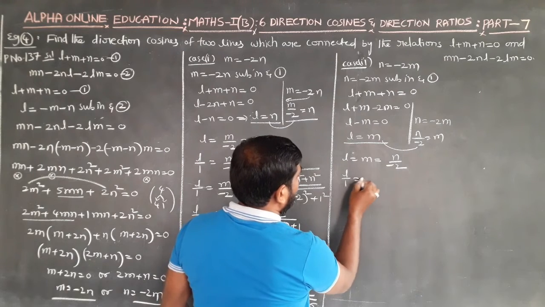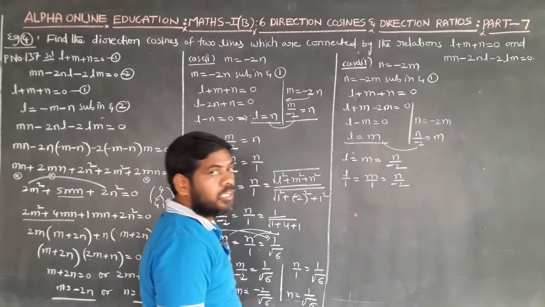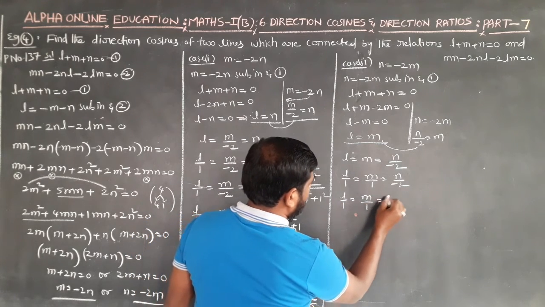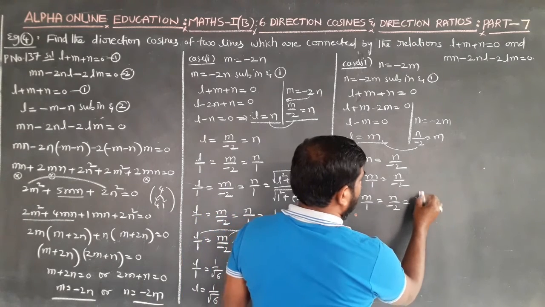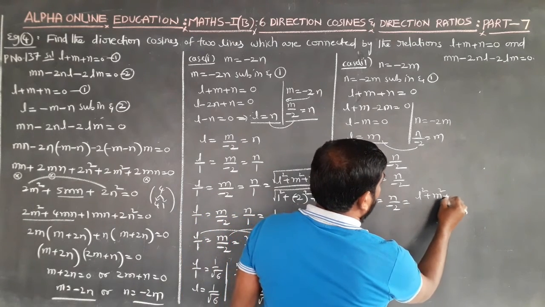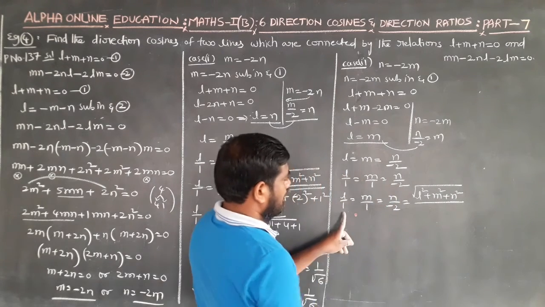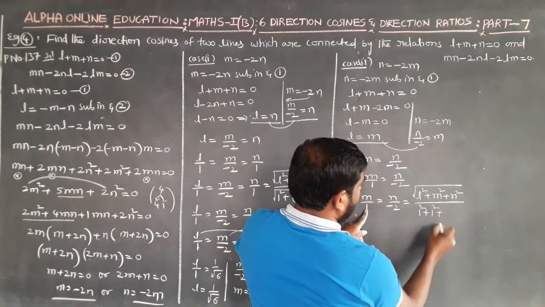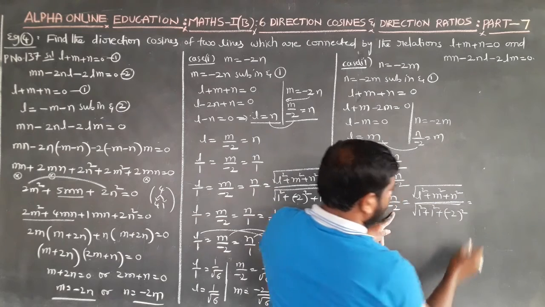So L by 1 is equal to m by 1 is equal to n by minus 2 is equal to the square root of L squared plus m squared plus n squared over L squared 1 squared, m squared 1 squared, n squared minus 2 whole squared.